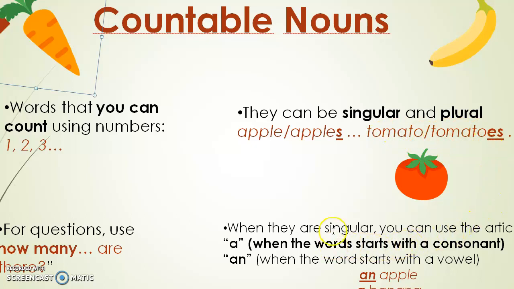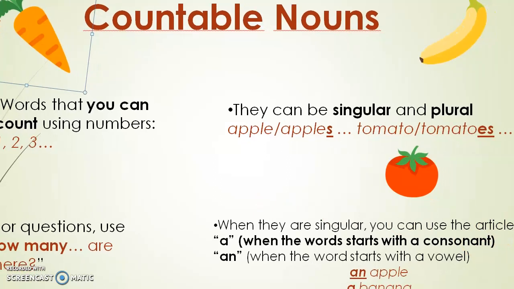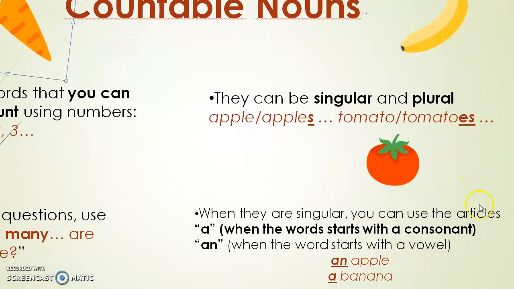Another rule about countable nouns is that when they are singular, when you're talking about only one, you can use the articles. What articles? These articles: a and an. And an means un, una, right? So what's the difference between them? We use a when the word starts with a consonant.